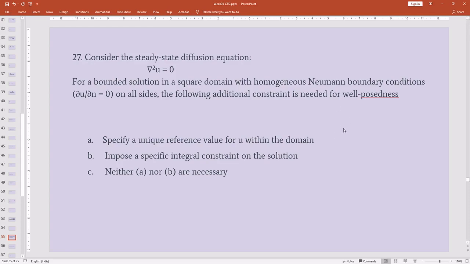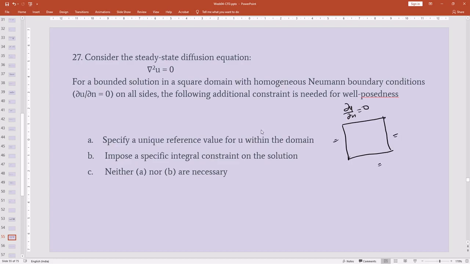So we have a square domain. Assume it to be square. The boundary condition on all four sides is dou u by dou n, that is, a Neumann boundary condition on all four sides.